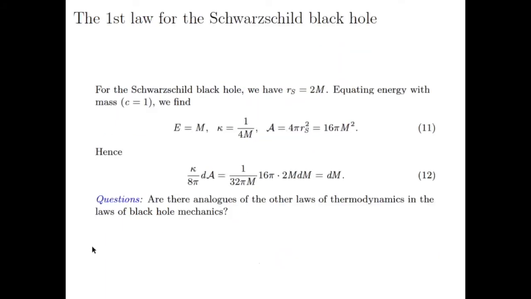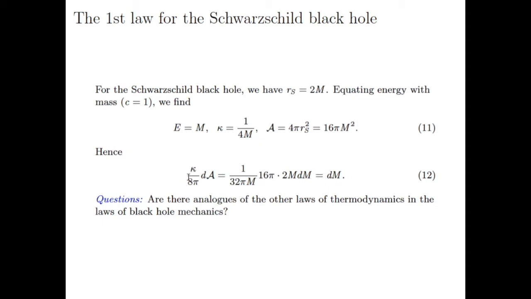So let's quickly check this first law for the Schwarzschild black hole. The Schwarzschild radius is 2m, and you equate energy with mass, so E equals m. Kappa is 1/4m. A, the area of a section of the event horizon, is 4 pi r_s squared, and that's 16 pi m squared.